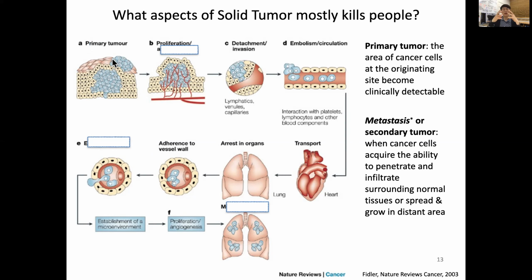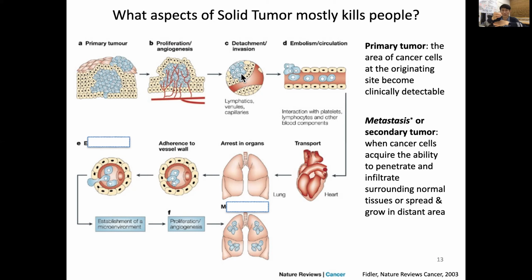Once they grow over the size of the diffusion limit, they start to recruit a nearby vessel to form a new vessel, which we call angiogenesis. These tumor cells usually arise from epithelial tissue, which is firmly based on the basement membrane, and when a cell detaches from its original site, it's supposed to die, but that's not the case for cancer.